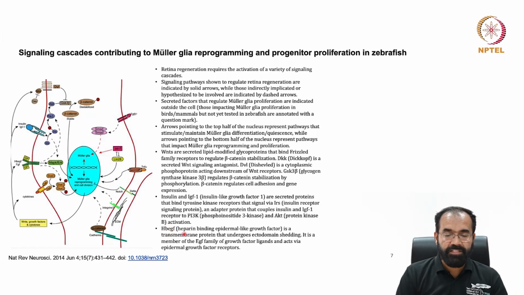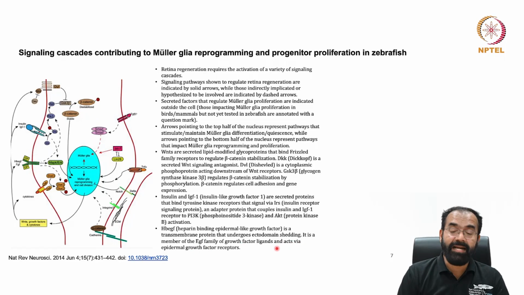Another factor is HBEGF, heparin binding epidermal growth factor, a transmembrane protein that undergoes ectodomain shedding, because it needs to be processed by enzymatic action. It is a member of the EGF family of growth factor ligands, and it acts via the epidermal growth factor receptors.